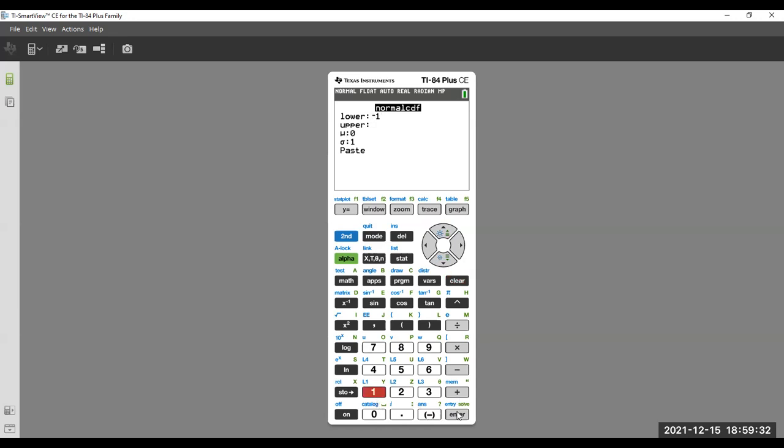The upper bound was a +2. The mean is 0. The standard deviation is 1. We paste that in there. And there's the 0.818 and change, 0.819 to 3 significant digits.